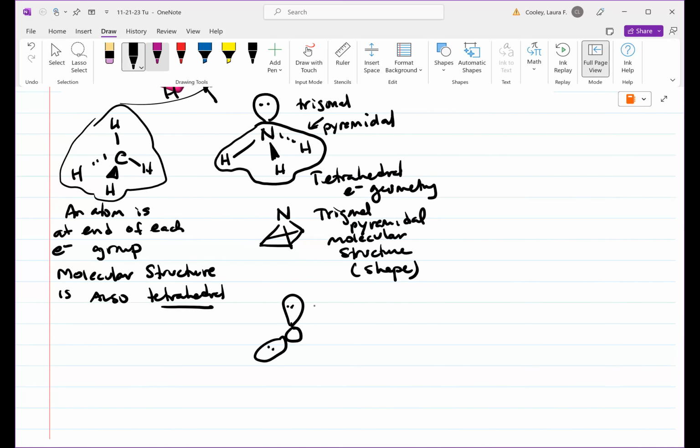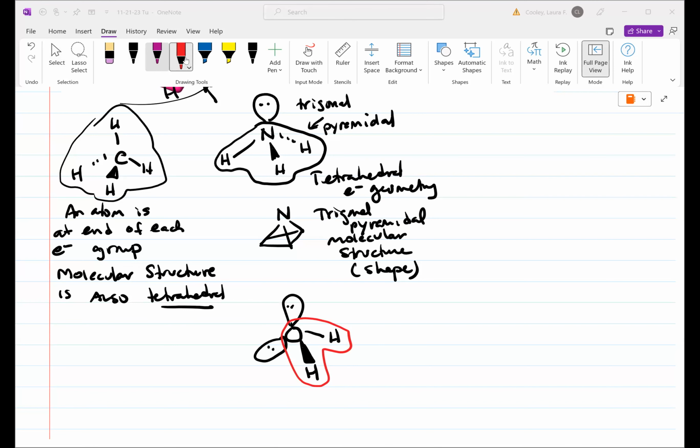So here, the top and one of the sides, there's no atom at the end. So where does a shape come from? It just comes from the positions of the atoms.